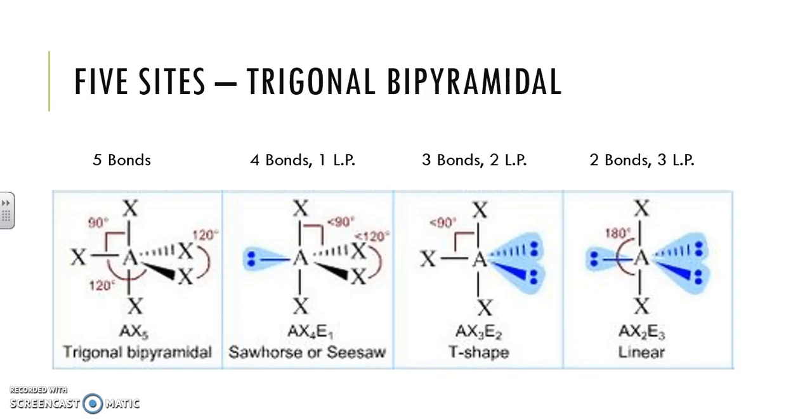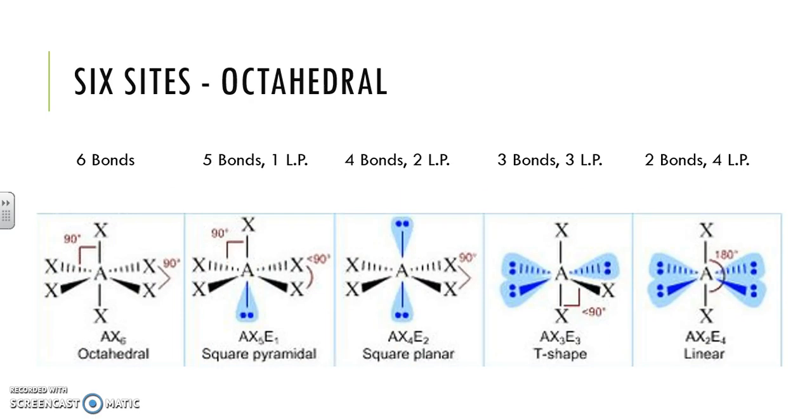Final shape, very, very interesting. It's based off of 6 areas of electron density, and the base shape is called octahedral. Octahedral actually looks like a jack. There's 4 around the center, 1 up and 1 down. Everything is exactly 90 degrees apart. Very, very symmetrical.